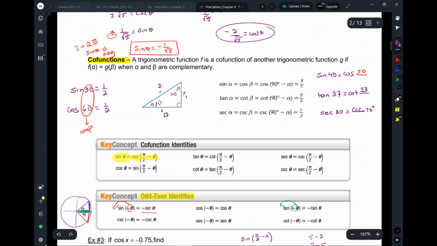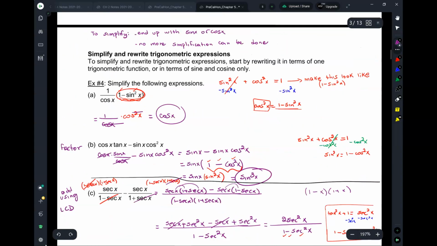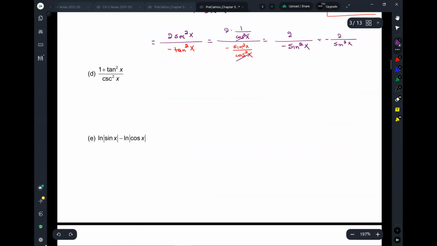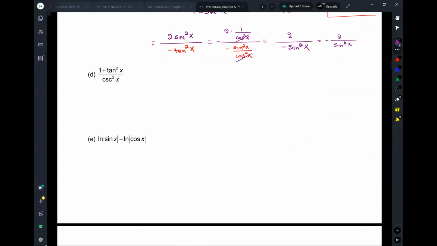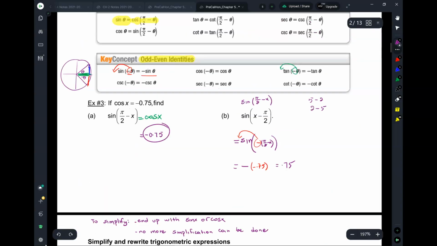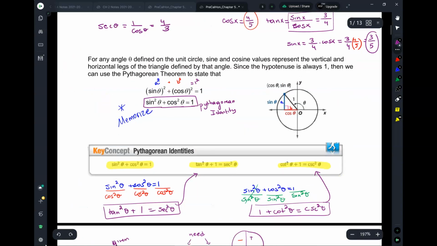Okay. So next one. Look at what you have. 1 plus tangent squared. Again, you have a 1 plus something squared. Is that an identity? That is so an identity. Look, 1 plus tangent squared. We don't have to do anything to that one.